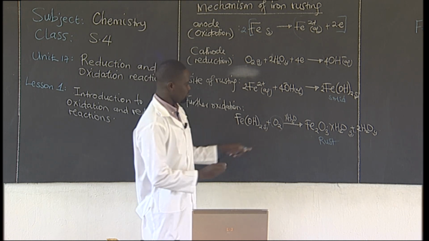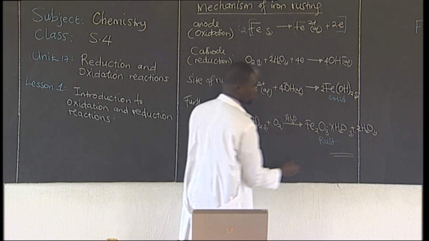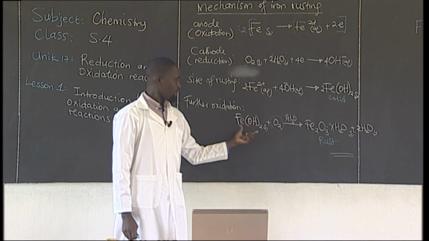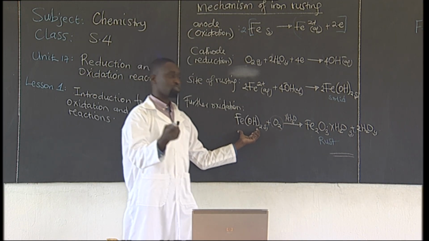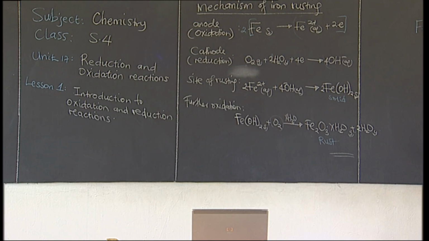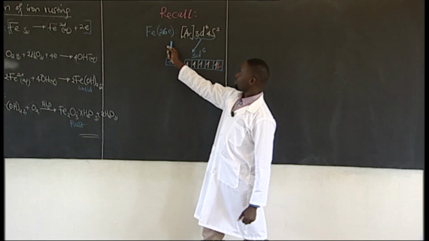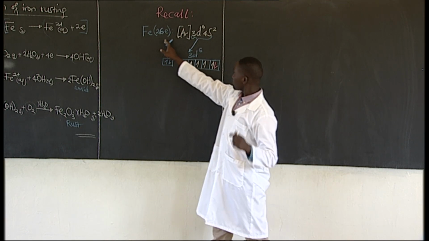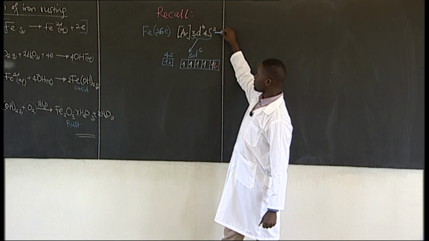Maybe before I leave this equation, I want to show you something. The reason why iron 2 undergoes further oxidation is to gain stability. You remember iron has 26 electrons, and this is its electronic configuration.